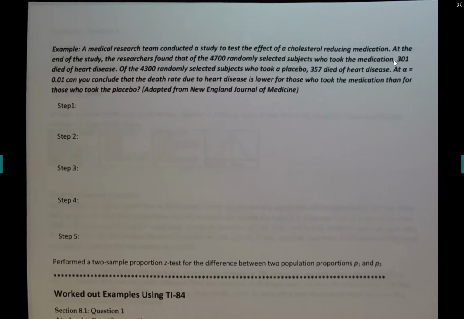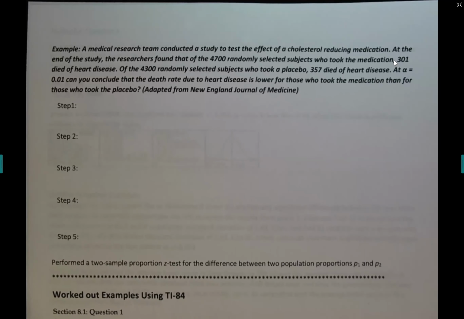Of the 4,300 randomly selected subjects who took a placebo, meaning a sugar pill, 357 died of heart disease. At alpha equals 1%, can you conclude that the death rate, meaning the proportion, due to heart disease is lower for those who took the medication than for those who took the placebo?